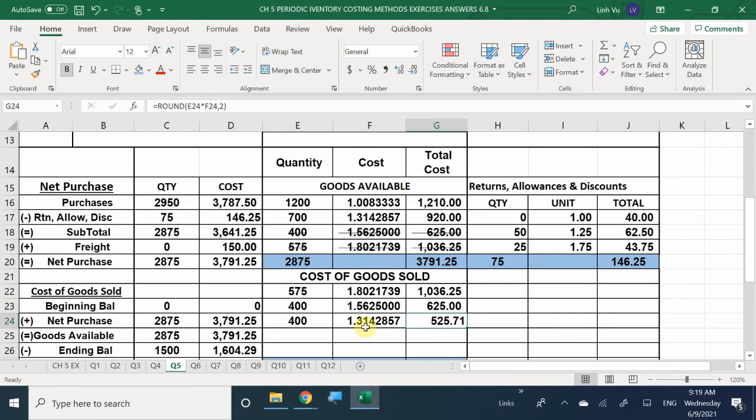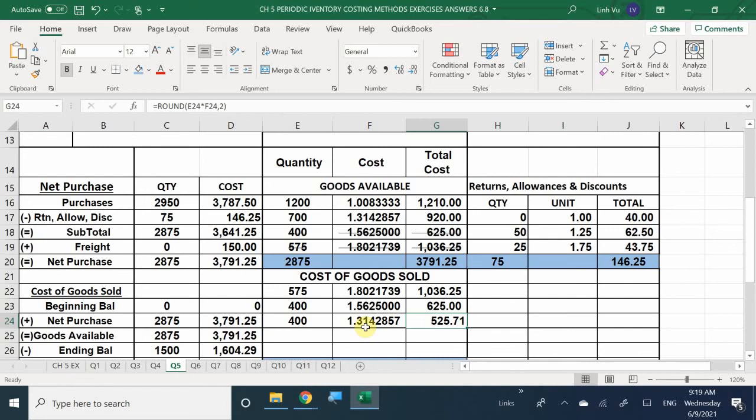These batches are as of August 31st. This one came first. So I'm transferring it over because we still had that available to sell. However, when we do FIFO, we're going to get rid of those batches. But this time we're doing LIFO. We may or may not even touch those batches because those ones came in first.